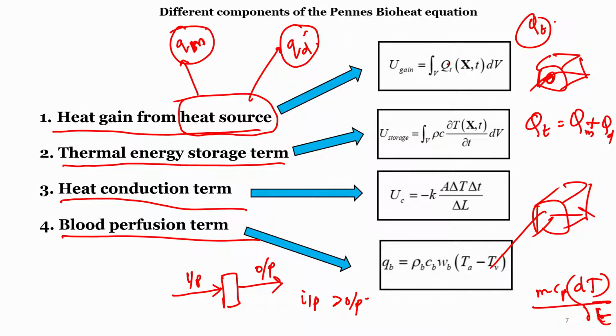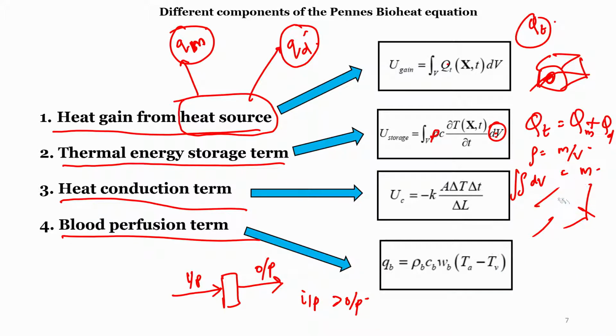Here, rho is for the mass. Rho dV is integrated across the volume to get the mass. What is density? Density is equal to mass by volume. So, the integral of rho dV is the total mass, which is what we have done here.